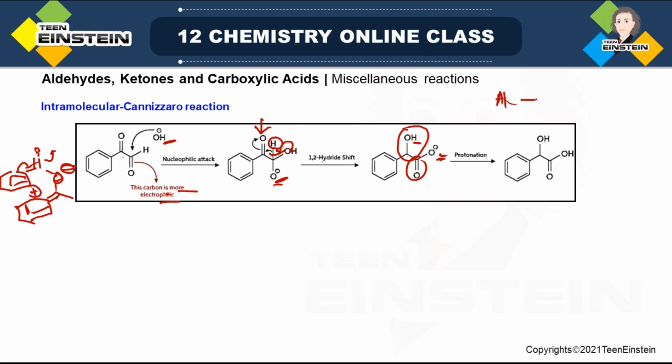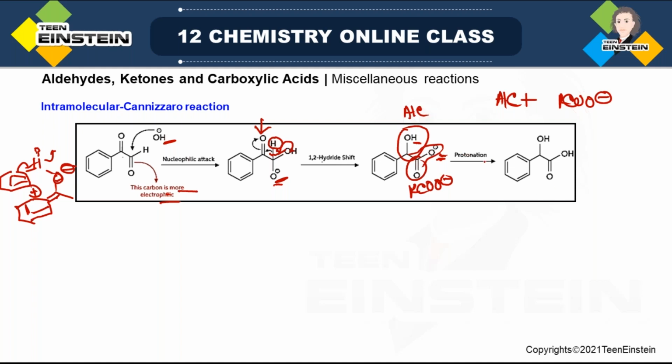We get alcohol and we get the carboxylate salt, that is RCO2 minus. But in this case, both are part of the same molecule. Fine. So here you can see the carboxylate ion is present, COO minus, and this is the alcohol part, and this is the RCOO minus part. But they will remain in the same molecule. This is because it is an intramolecular reaction.